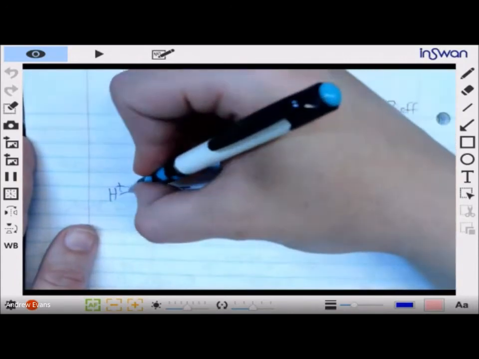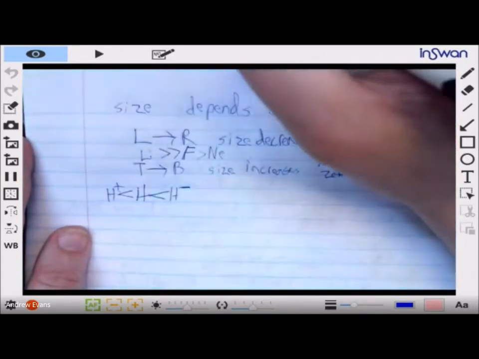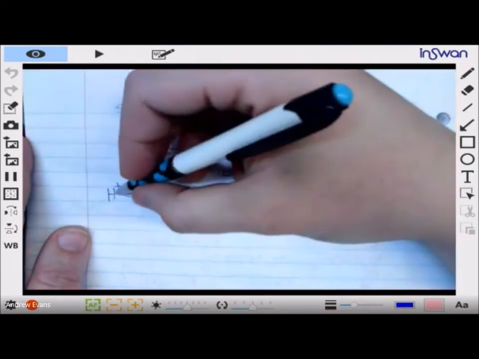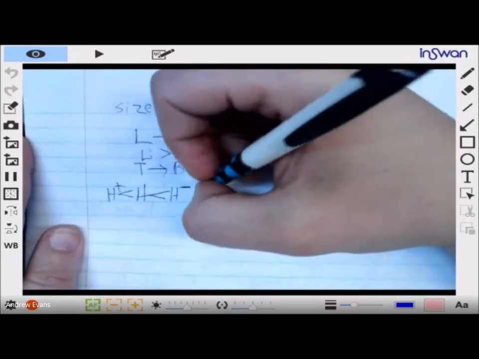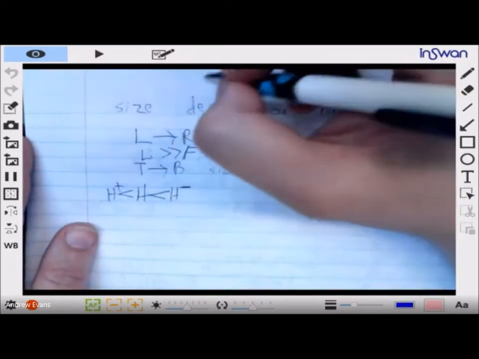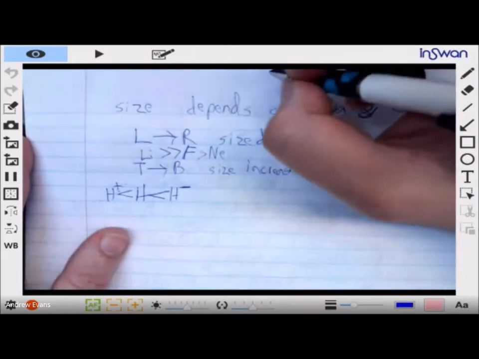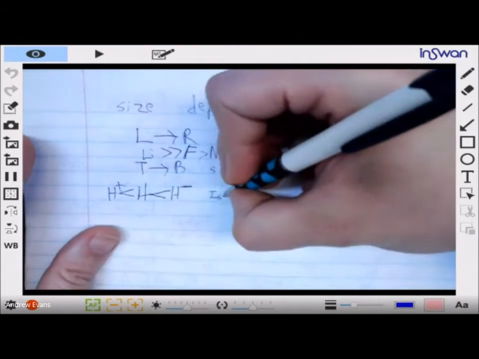H plus is smaller than H, but H minus is bigger than H, because in the anion we just added an electron to the cloud, so it grows bigger. We removed an electron from the cloud in the cation, so it grows smaller. And this allows us to actually determine an isoelectronic series.